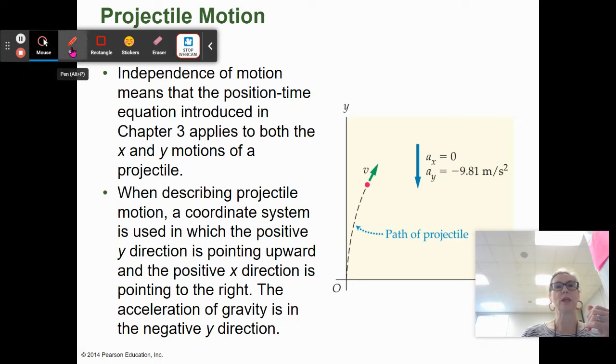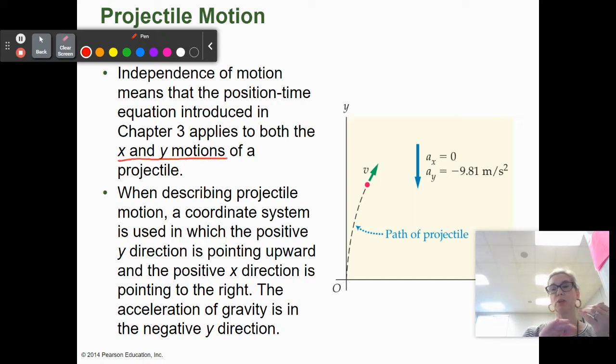So we can use the same position versus time equations that we used in chapter 3, but we're going to apply them to both the x motion, or the horizontal motion, and to the vertical motion, up and down. So we use a coordinate system when we talk about the motion of a projectile. The positive y position is going up and the positive x position would be going to the right.